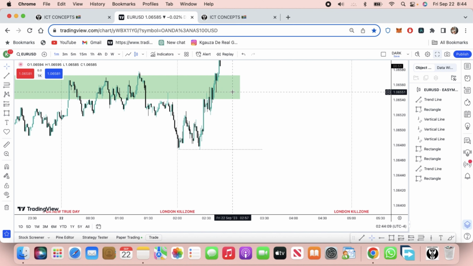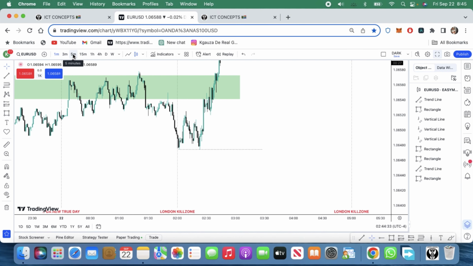A bearish daily bias simply means that on the daily chart, from the 4 hour going up, the market is most likely going to print red candles, especially on the daily. So we know today's daily candle will most likely close red. But that does not mean that intraday, on the 1 minute, 3 minutes, 5 minutes, 15 minutes, 1 hour, we will not have green bullish candles.